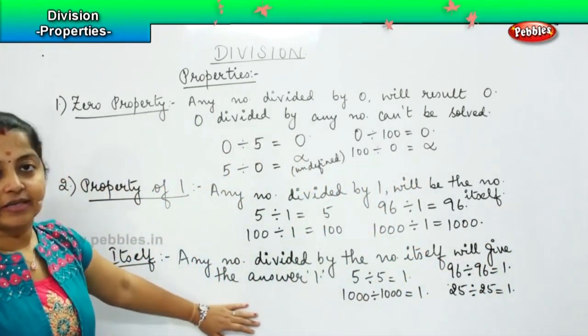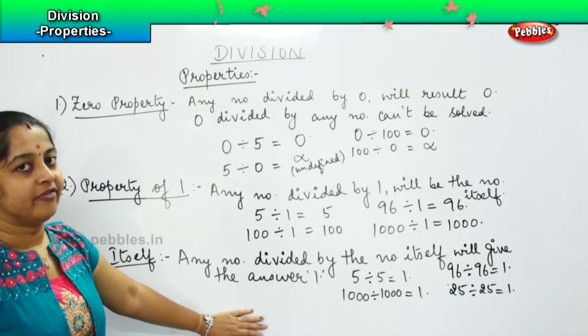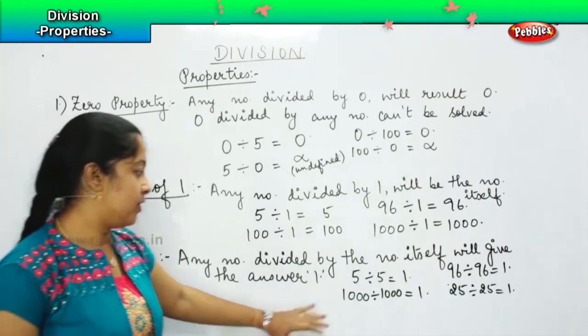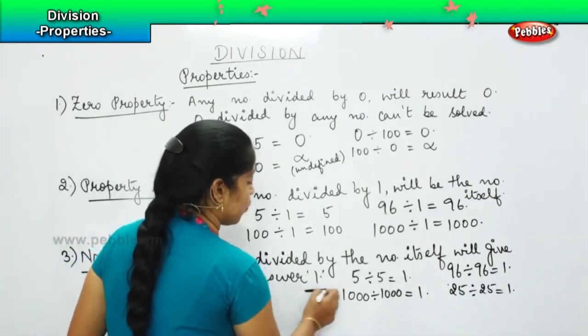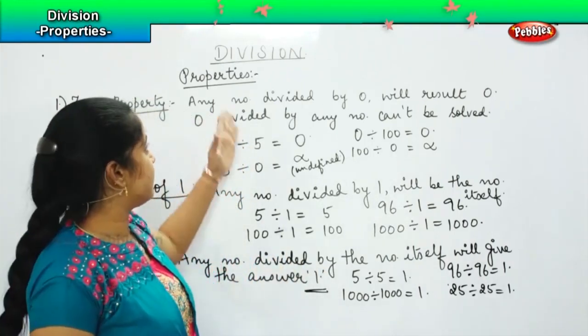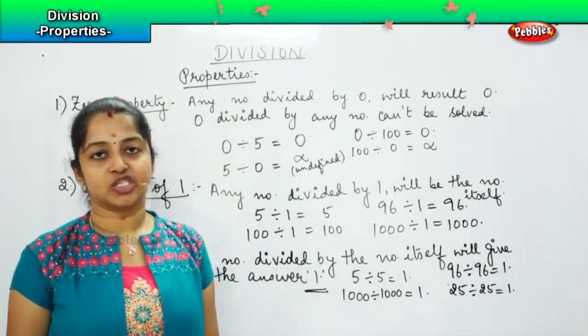So, if I divide the number by the same number itself, my answer will be 1. Clear?